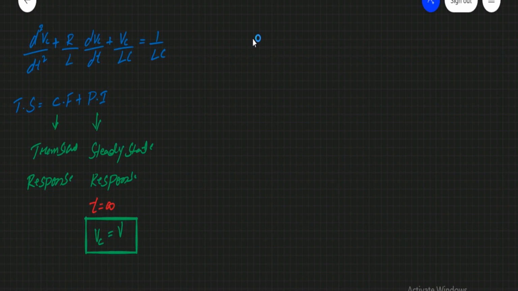So this is our second order differential equation. For its solution, just replace d by dt with capital D. By replacing d by dt with capital D, this equation becomes D square plus R by L into D plus 1 by LC.